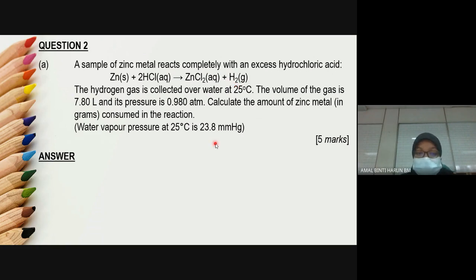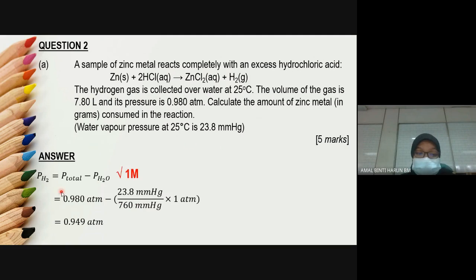First of all, the total pressure of the gas collected over the liquid is the mixture of the pressure of water and the hydrogen.